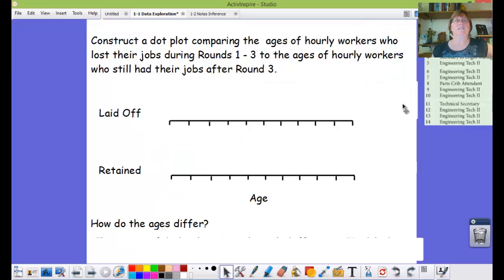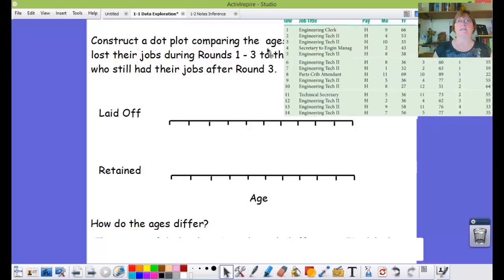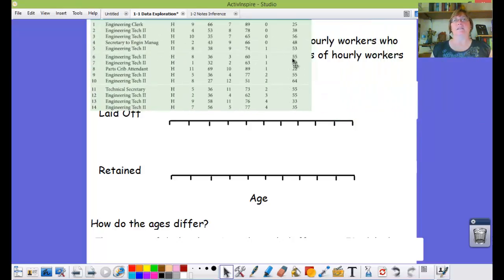We are going to construct a dot plot right now that compares the ages of the hourly workers who lost their jobs during rounds 1 through 3 to the ages of the workers who still had their jobs after rounds 1 through 3. And you see I've set up a framework for that. Let's get the data in here again. As you can see, the ages of those employees laid off in rounds 1 through 3 are here.